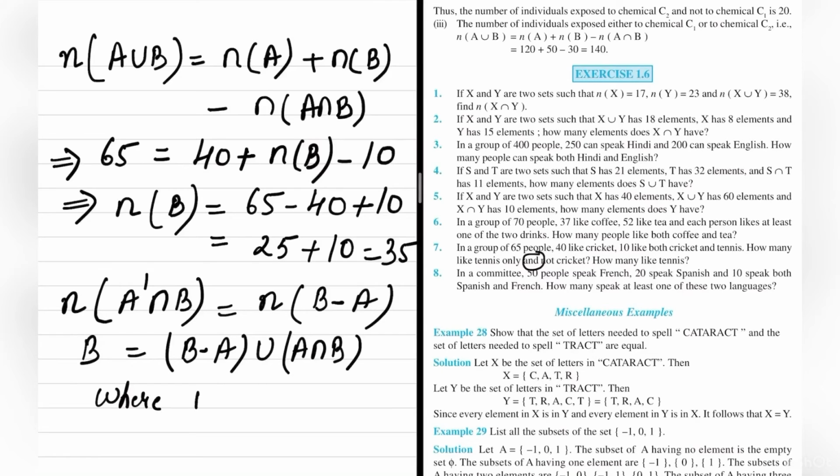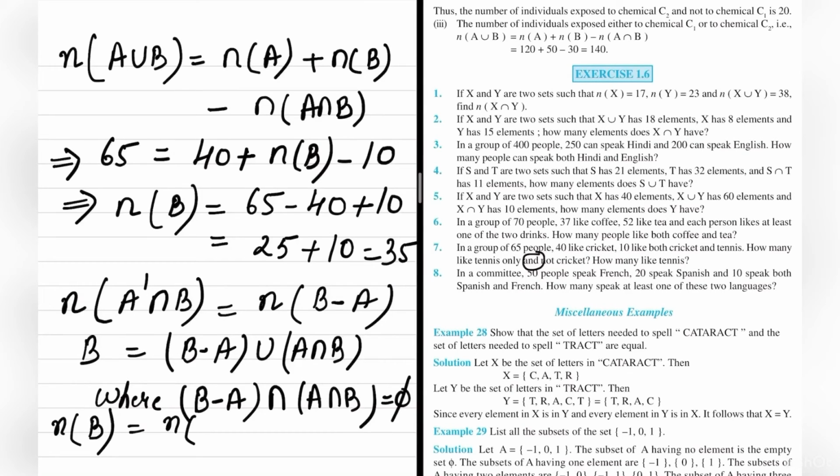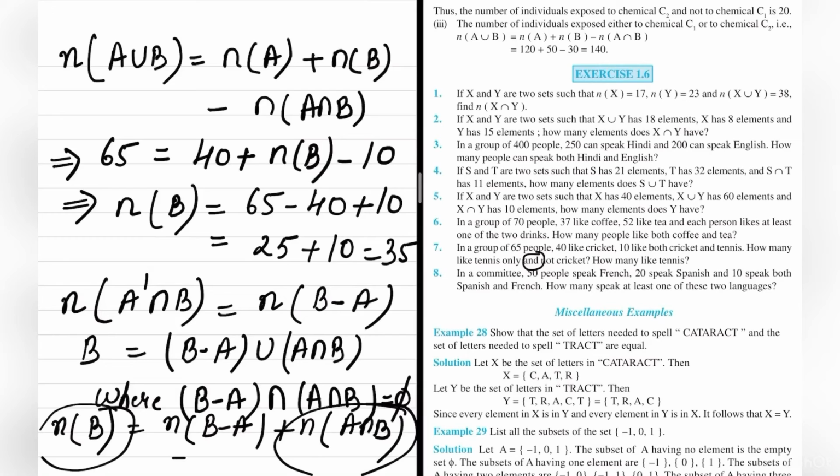So the intersection is empty. Therefore the number of elements in B is equal to the number of elements in B minus A plus the number of elements in A intersection B. We know the number of elements in B, and we know the number of elements in A intersection B, so we can find the number of elements in B minus A.